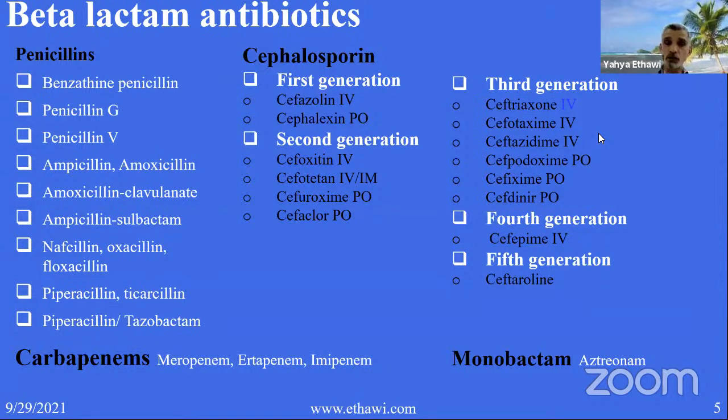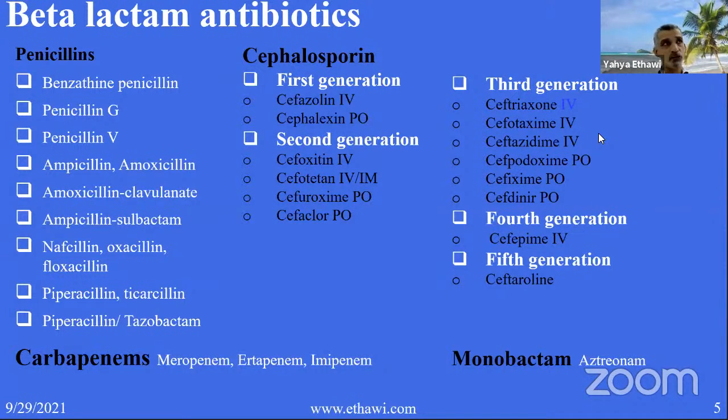We have penicillin G, which is IM and IV, and we have penicillin V, which is oral. These have very good coverage of streptococcus. So if you have streptococcus, whether it's group A or group B, it's a very good coverage.